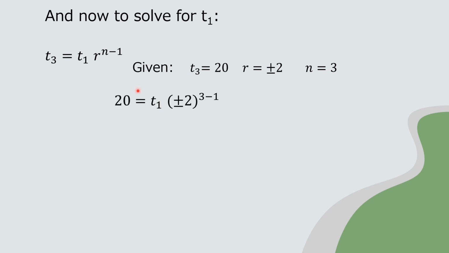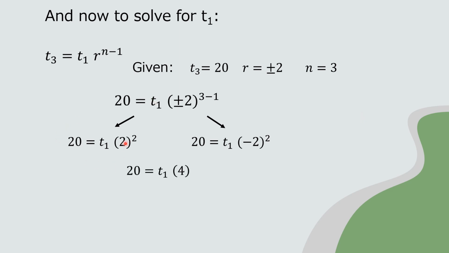So we have 20 is equal to t sub 1 times the quantity of plus and minus 2 raised to 3 minus 1. So we will have here two equations. First, 20 is equal to t sub 1 times 2 raised to 2. The other one is 20 is equal to t sub 1 times the quantity of negative 2 raised to 2.